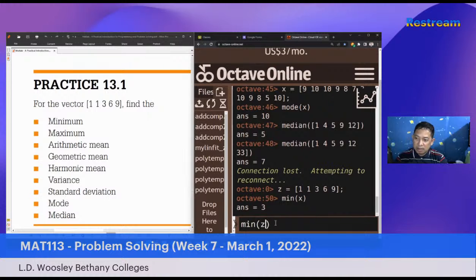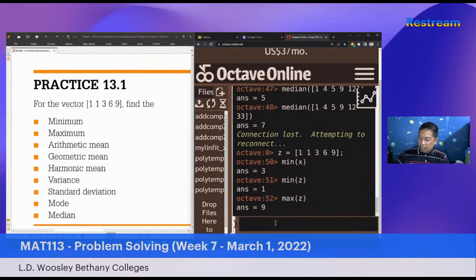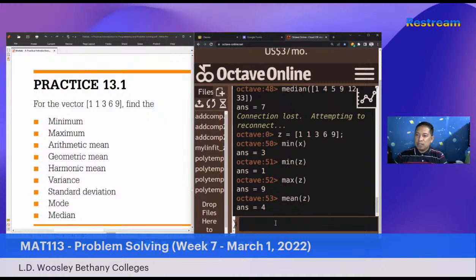Minimum value of z here is 1. I wondered why it was 3. I made a typing mistake there. It should be z, because we assigned the data to z: 1, 1, 3, 6, 9. Maximum value of z is 9. Then the arithmetic mean, we could compute it for z.